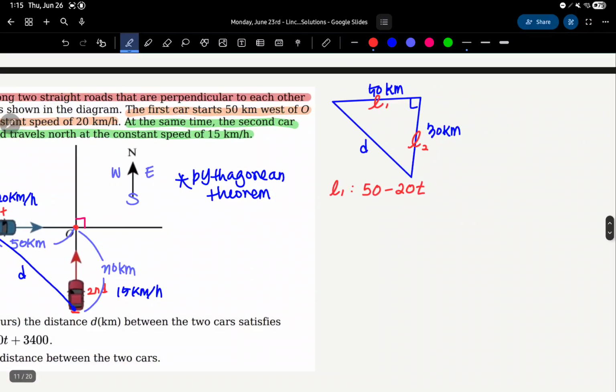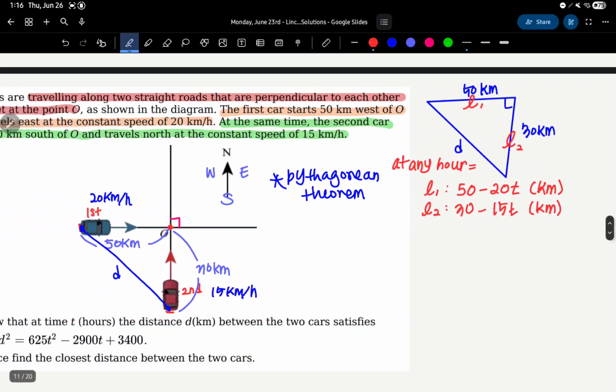So at any given hour, the length of L1 is going to be 50 kilometers minus 20t, and the unit is kilometers. Similarly, the length of L2 is going to be 30 kilometers minus 15t, and the unit is kilometers. So we have the length of L1 and L2 here.